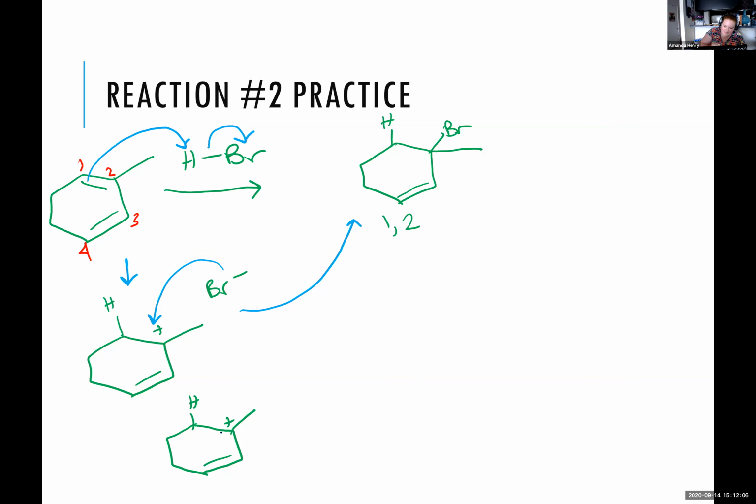In my second pathway, I'm going to move the pi bond right there. I'm putting brackets around this because that's what we do with resonance. And then my second structure, after we go through that resonance shift, the hydrogen stays where it's at, the methyl stays where it's at, but my pi bond has now moved right there, which means my carbocation has moved right there. I still have a bromine hanging out.